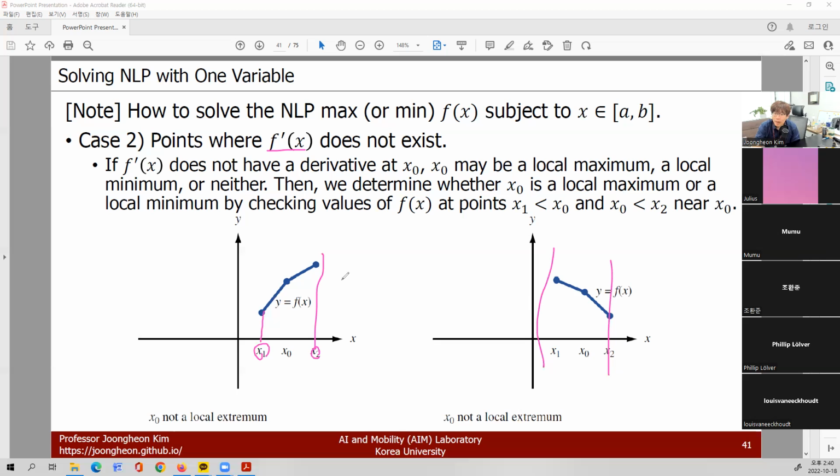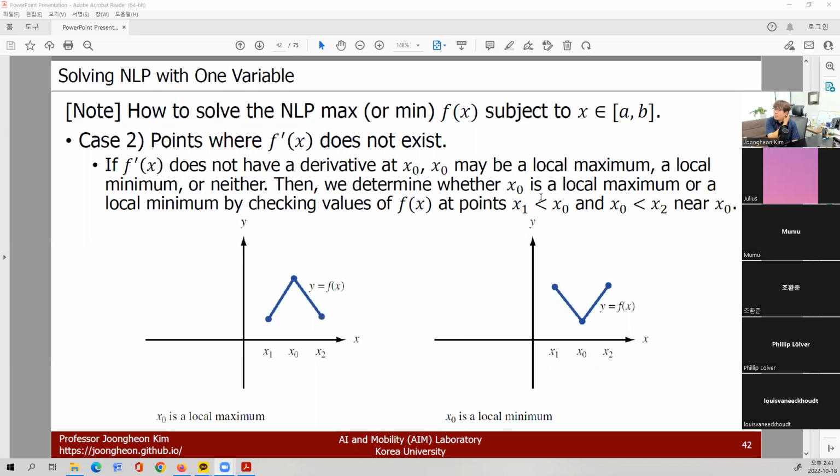So in that case, you put x sub 1 and x sub 2 into the function, and then you compare the values, and you pick the maximum and the minimum based on the function values. That will be the thing you can try to get the values, okay?